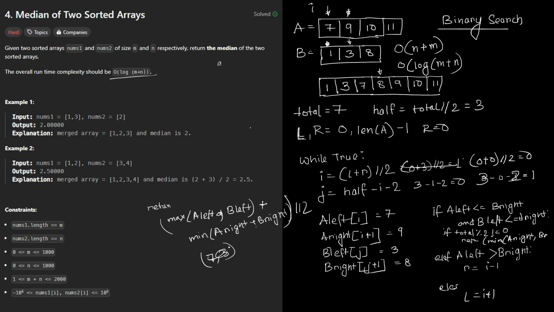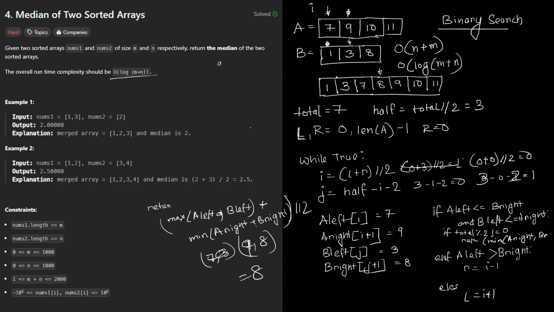Here, A right is 9 and B right is 8. The minimum, our result, is going to be 8.